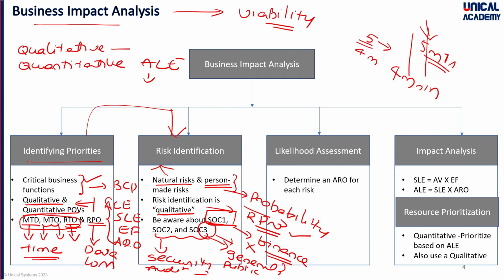After identifying the priorities and the risks, then comes the likelihood. The natural risks are identified, the personnel-made risks are identified. What is the probability? Probability is the annualized rate of occurrence.